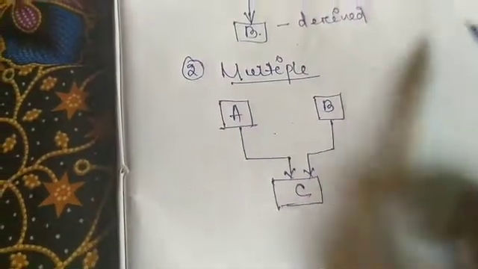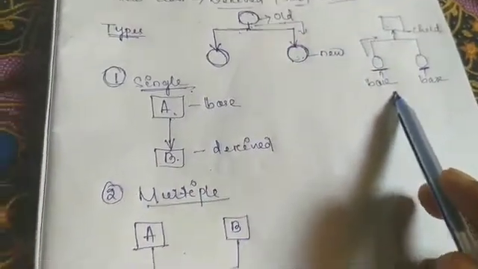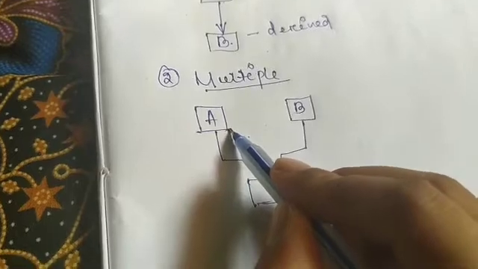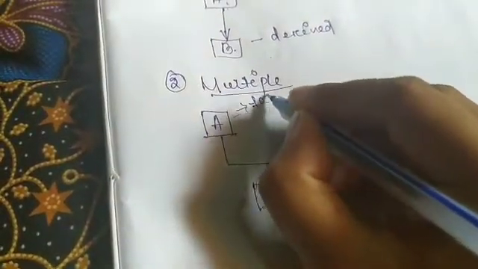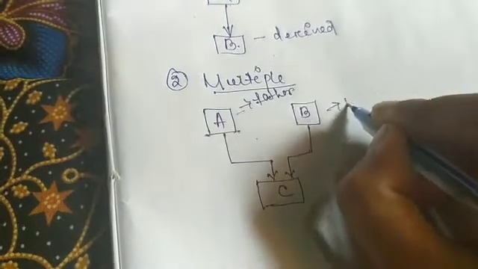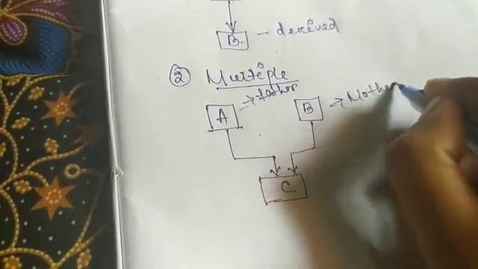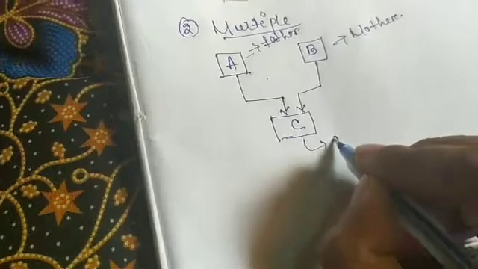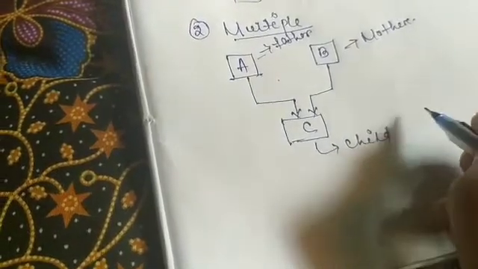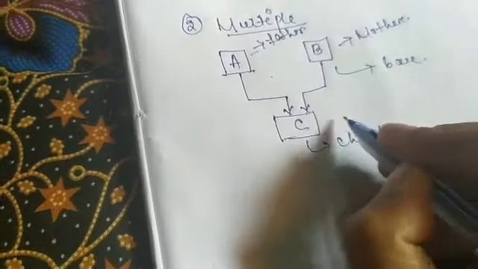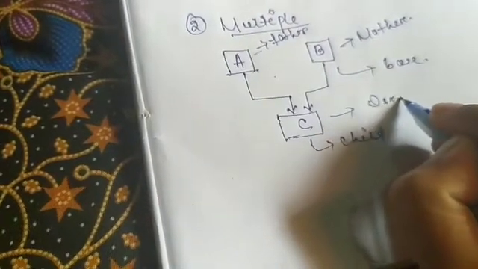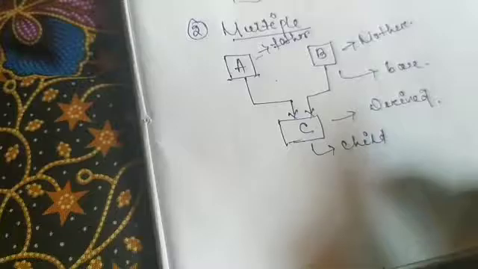For example, like your parents, here is your father and here is mother, and this is your child. Both of these are called base classes, and this is your derived class.